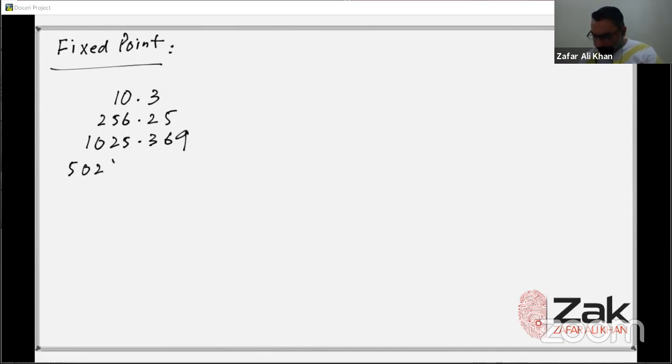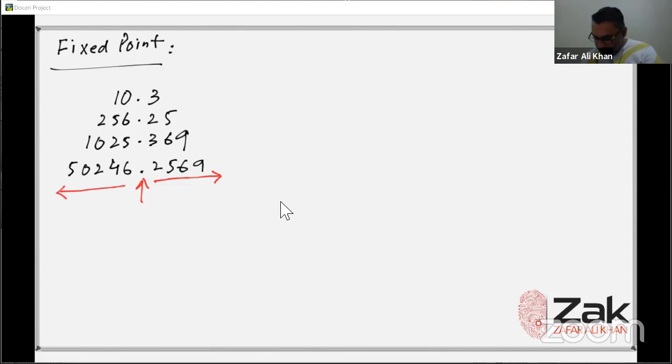What you need to understand is that the point is fixed at its place, the decimal is going towards the right, and the whole number is going towards the left.